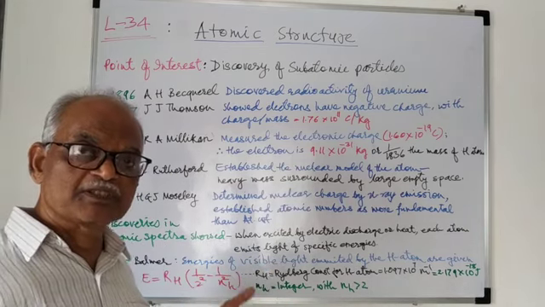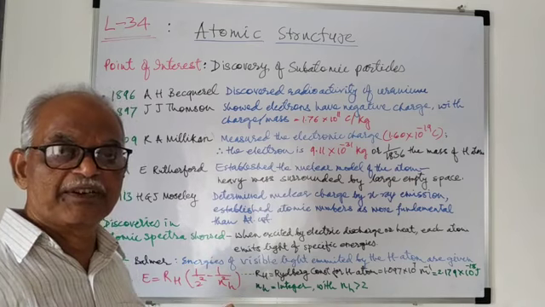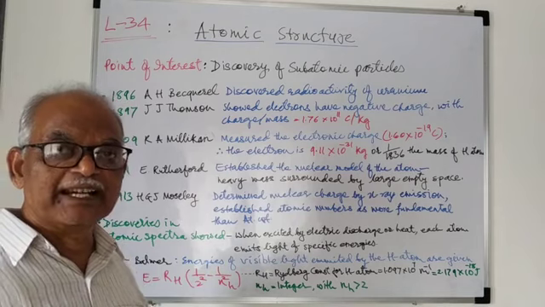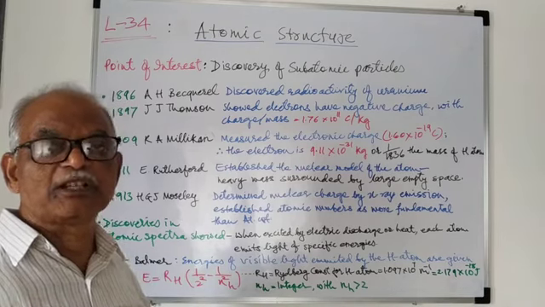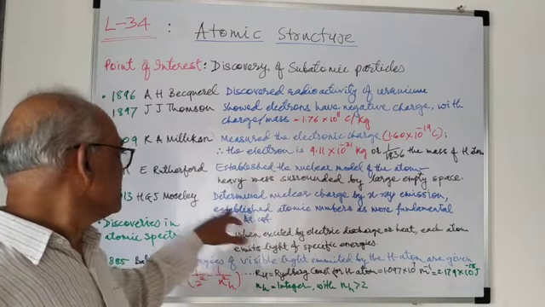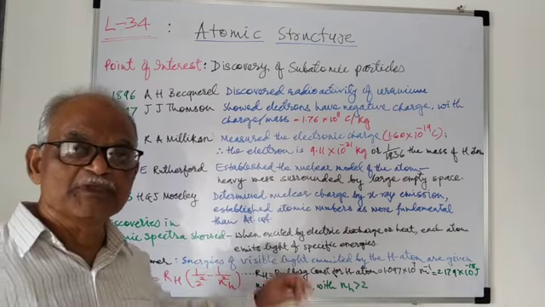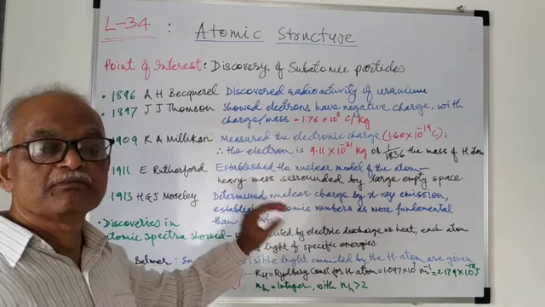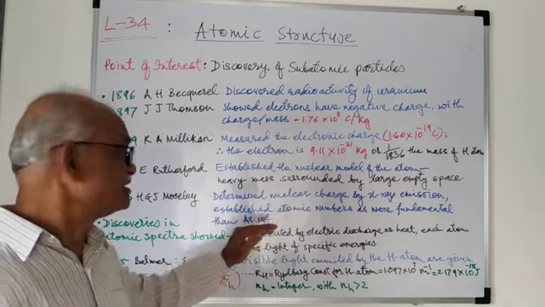But it was observed that the atomic weights are varying. It is not a characteristic property of that particular element. Instead, Moseley said that the most fundamental property of the element is its atomic number rather than atomic weight.